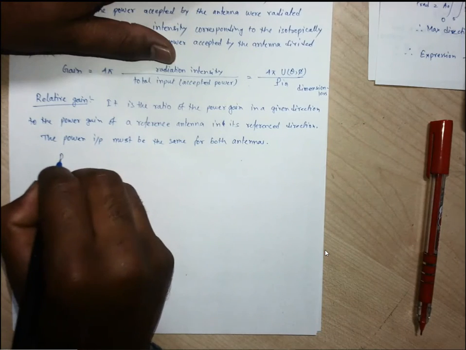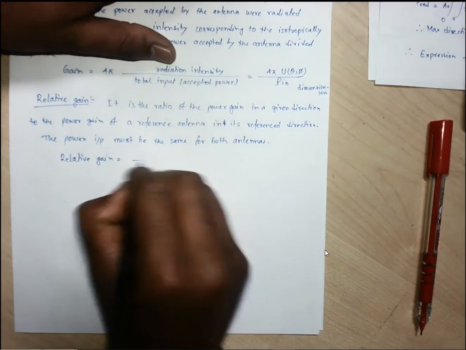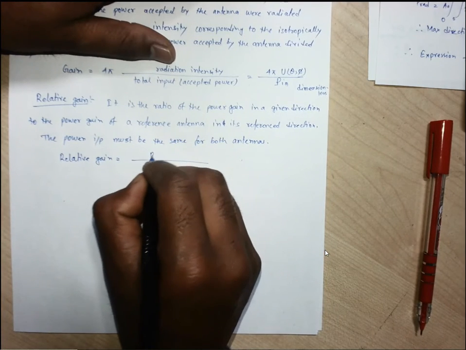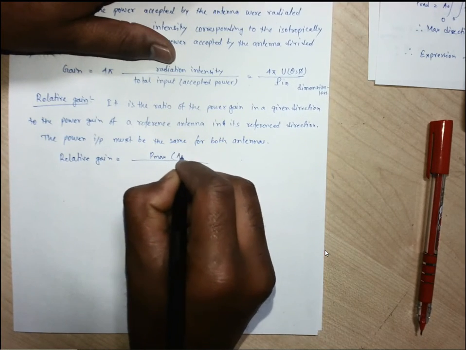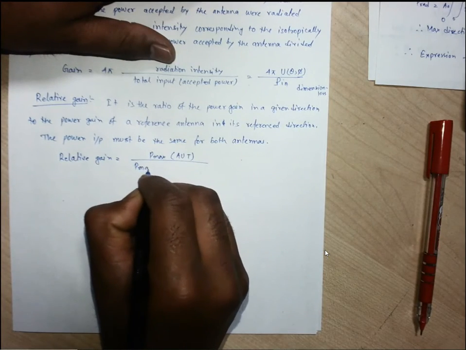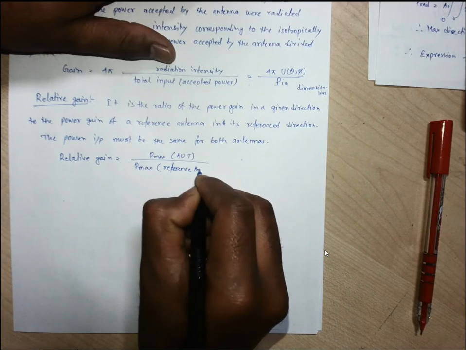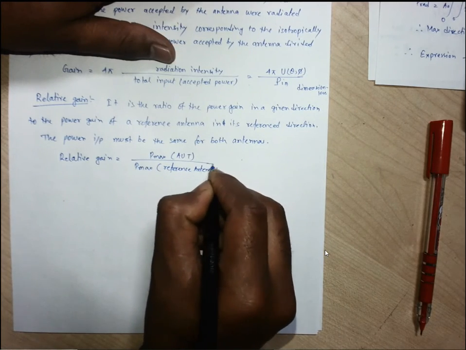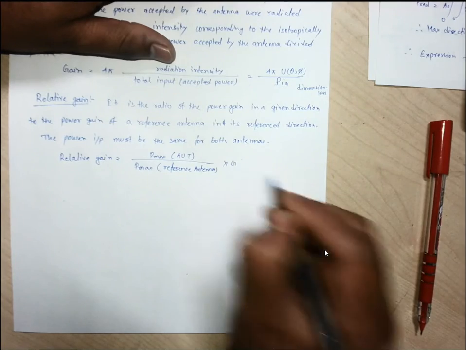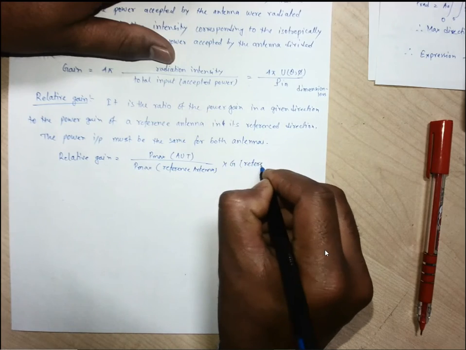That is, relative gain is equal to P max of the antenna under test (AUT) divided by P max of the reference antenna, times G, the gain of the reference antenna.